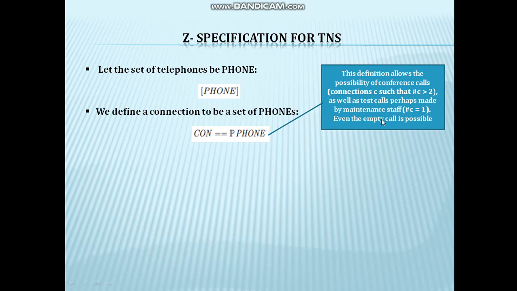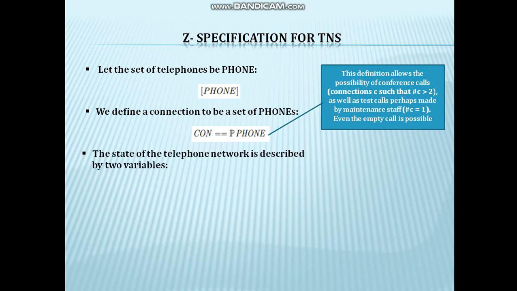If the system is checked for maintenance purposes by the staff, then the number of phones in the connection will be 1, and even an empty call is possible. So connection is the set of all possible subsets of the phone set.